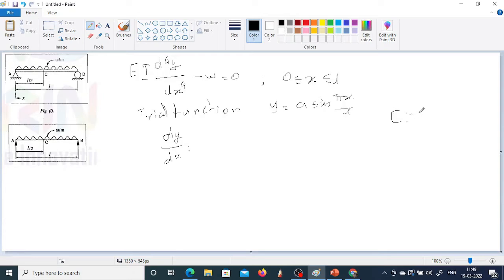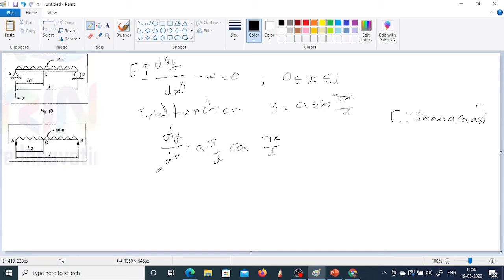If I differentiate sin(πx/L), using the differentiation formula that sin ax gives a cos ax, here the a term is π/L. So a into π/L, and sin becomes cos(πx/L).